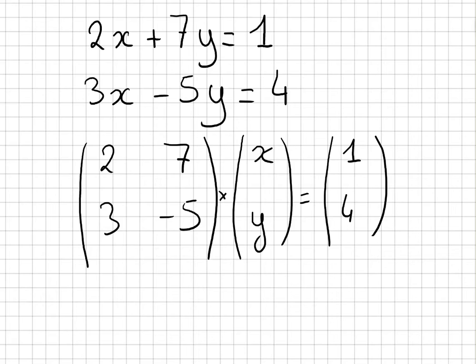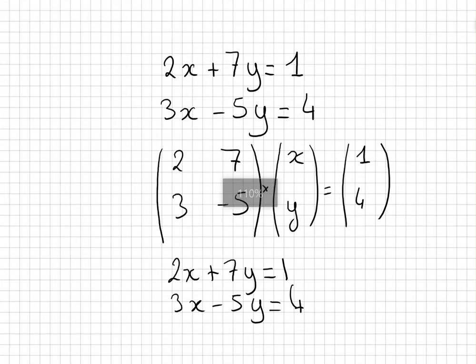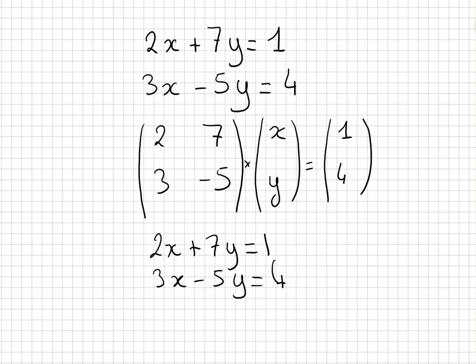If you multiply those two matrices, it gives us 2 times x plus 7 times y equal to 1, and the second row is 3 times x minus 5 times y equal to 4. So we come back to our two first equations. This system of two equations is exactly the same thing as this matrix system.